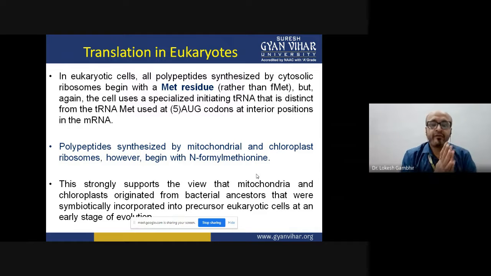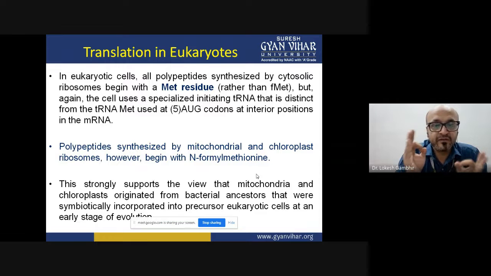In eukaryotes, there is no formylated methionine when we are talking about the translation of the nuclear genome, or the mRNA which is made from the nuclear genome. The first codon always codes for methionine, but that methionine is never formylated.